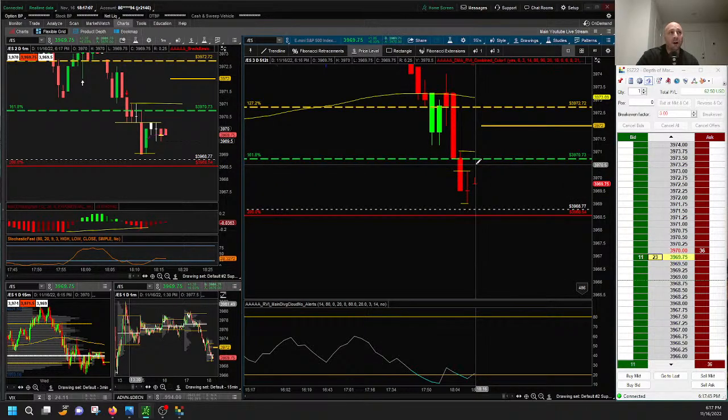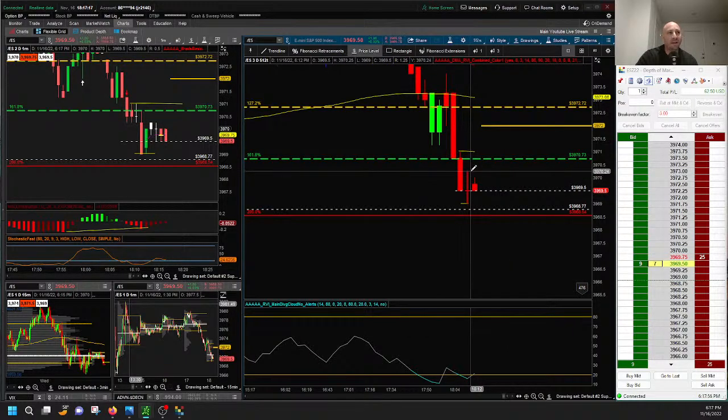Now, if we break higher, maybe look for an entry right here at 69.50, but we need to see a break of this candle first. Again, just try and talk you guys through what I'm seeing and the way my mind works, right?